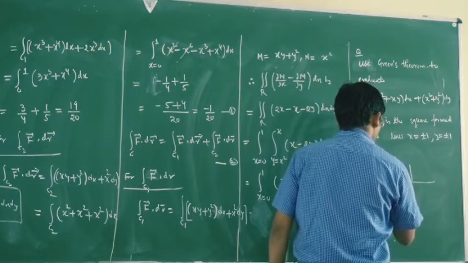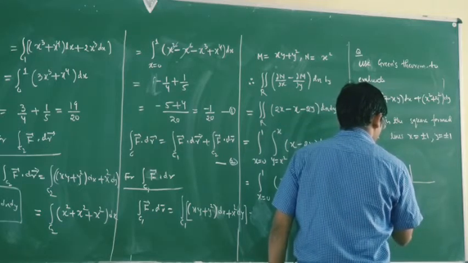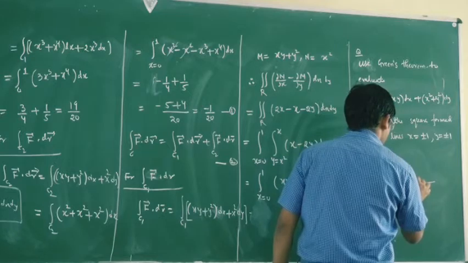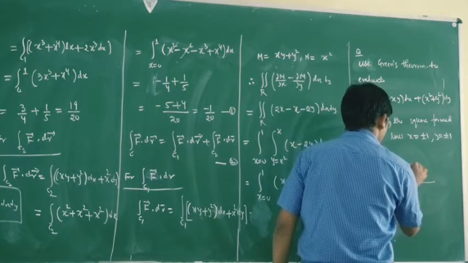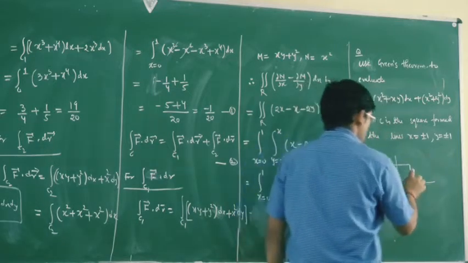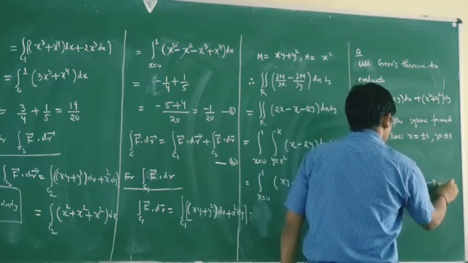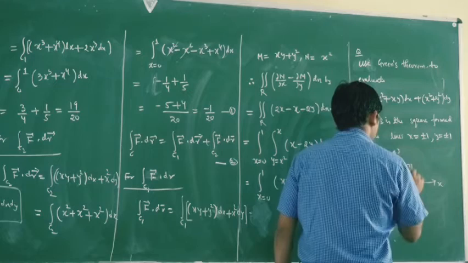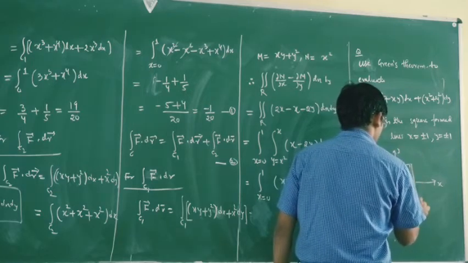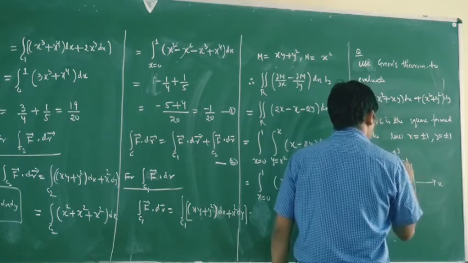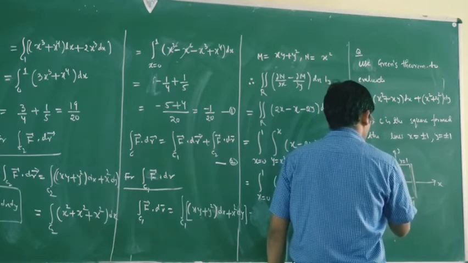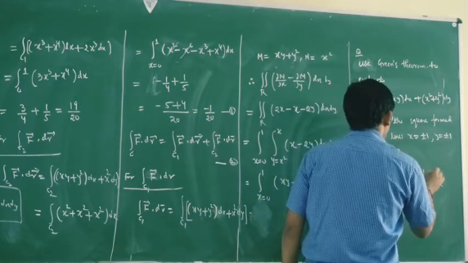Here we have x equal to minus 1, and then we have y equal to minus 1, and then again we have y equal to plus 1. So this is your square, this is your x axis, this is your y axis, and here we have y equal to minus 1. At this point we have y equal to plus 1, here we have x equal to minus 1, and this is your x equal to 1.